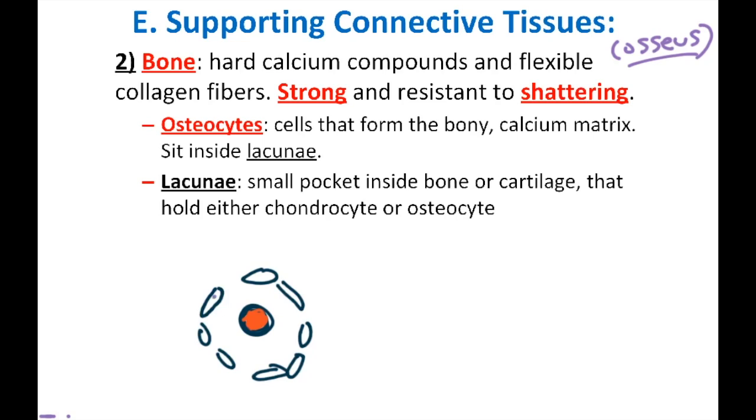So inside each of these pockets is our lacunae. That pocket is a lacunae. But inside each of those is an osteocyte that's laying down matrix, and that's kind of forming the outer edges. And around that are more osteocytes that are trying to grow.